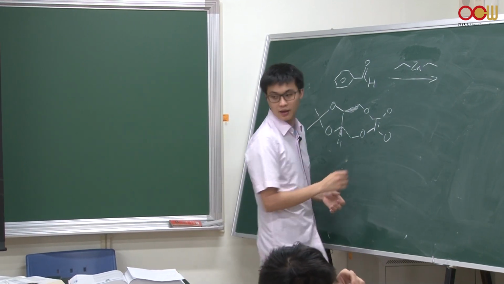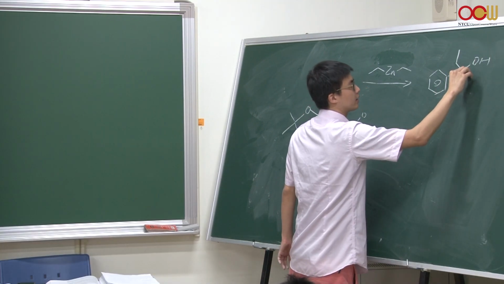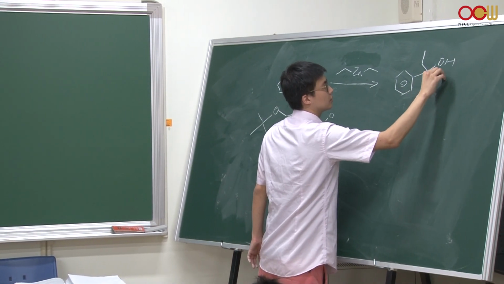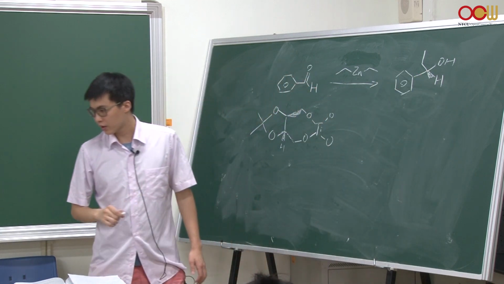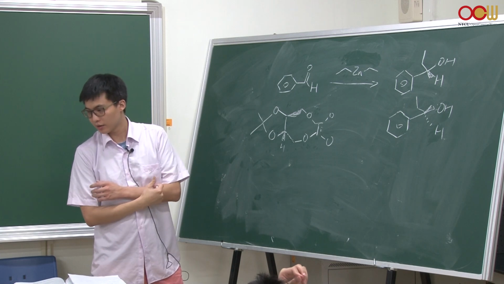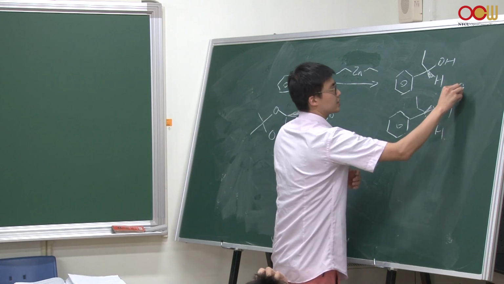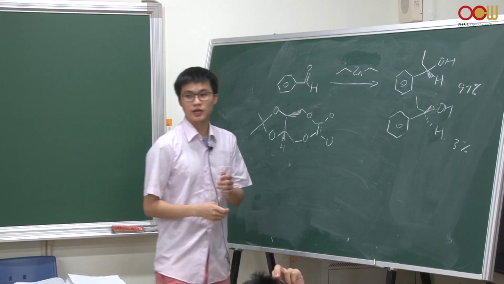And then you can make a chiral alcohol. So this is a chiral center, with the hydrogen pointing out of the board. It will give you a difference in chirality, and then you will get a selectivity. This will be 97%, and this will be 3%, okay?